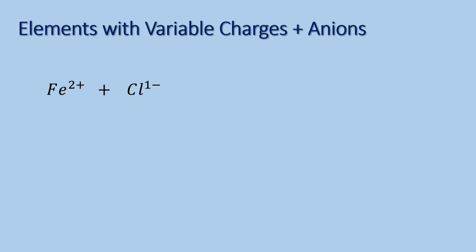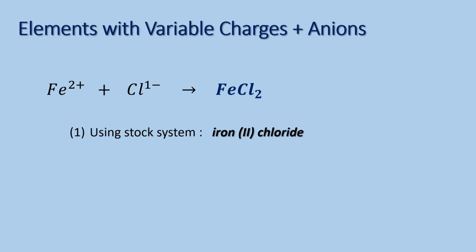If we crisscross their charges, this will simply become FeCl2. We can name this in two ways. Using the stock system, we can name this as iron 2 chloride. So we use the Roman numeral to indicate the charge involved in the formation of the compound, specifically for iron.